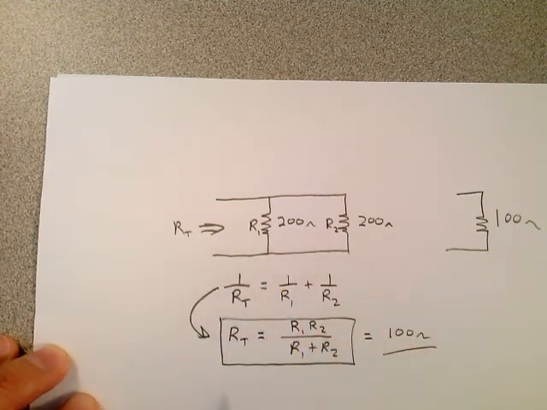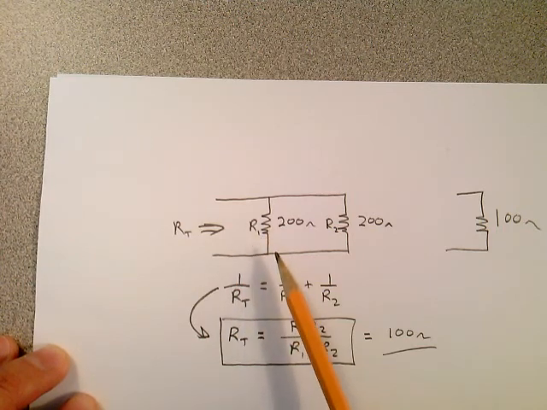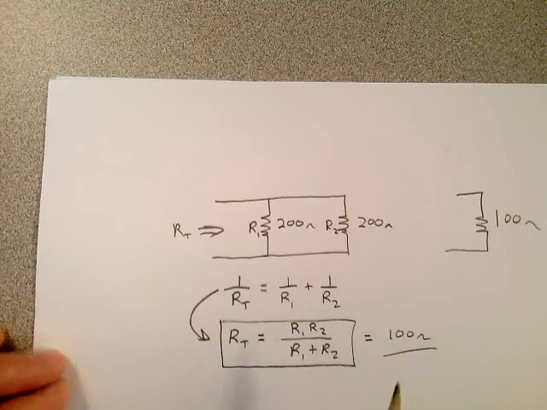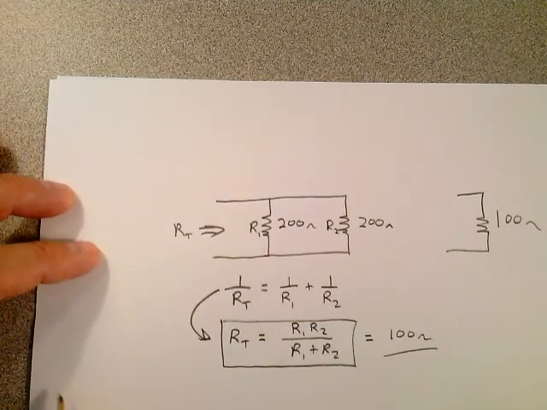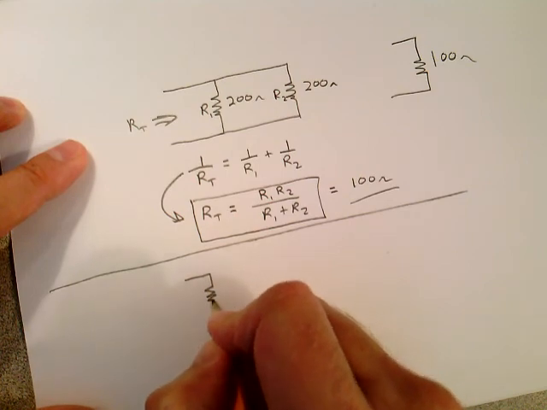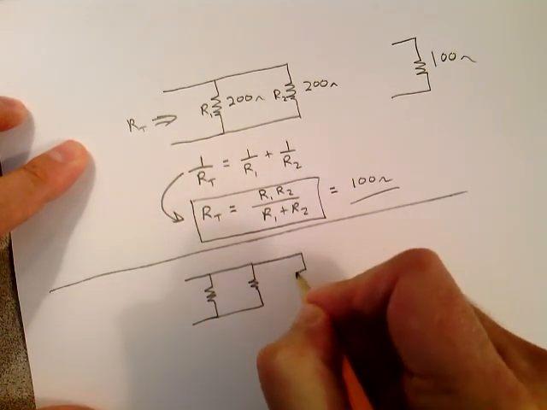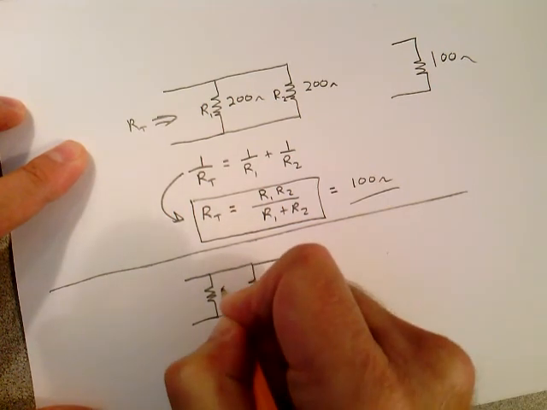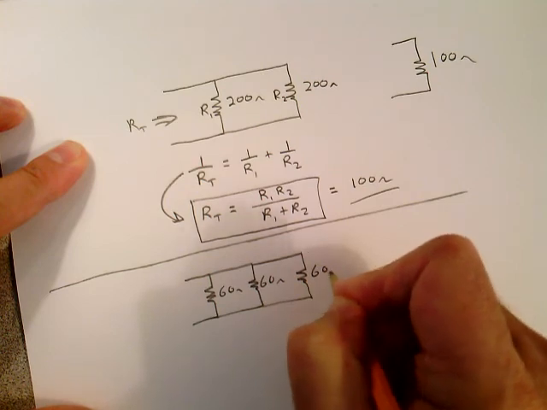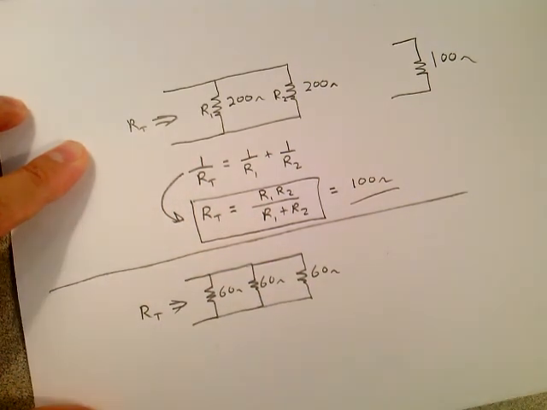If you have three of them, let's say you have a 60 ohm resistor in parallel with a 60 ohm resistor in parallel with a 60 ohm resistor. Let's do that one. You have a 60 ohm resistor there, a 60 ohm resistor there, and a 60 ohm resistor there, and you want to find the total resistance looking in.